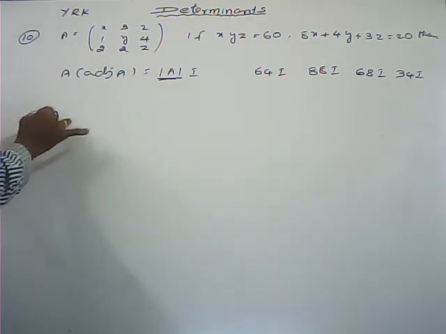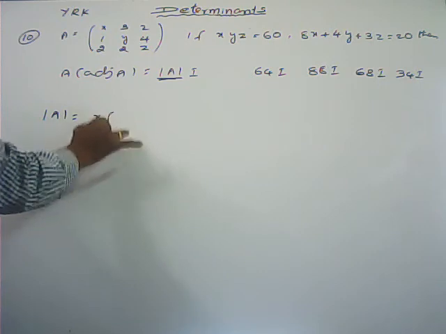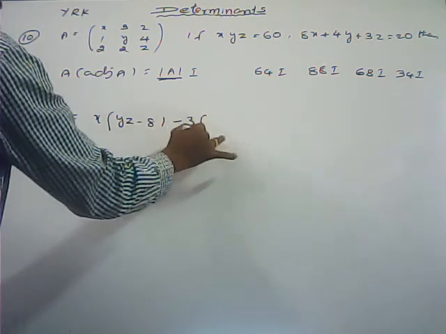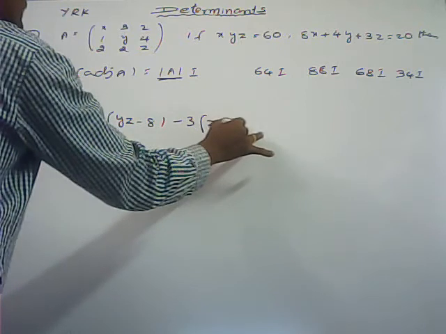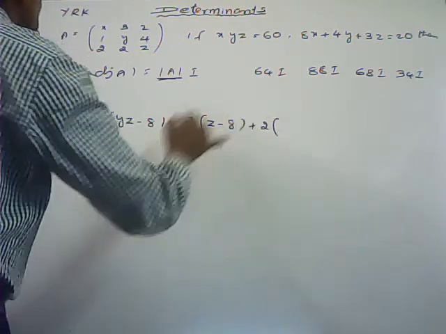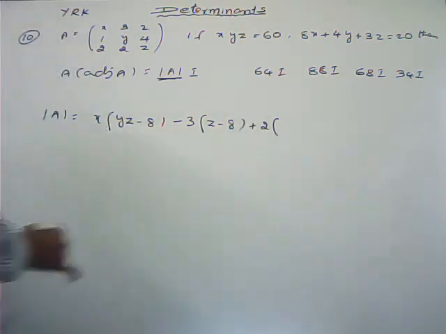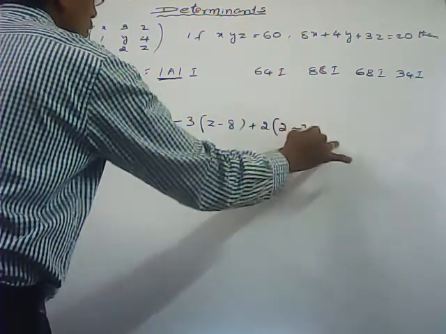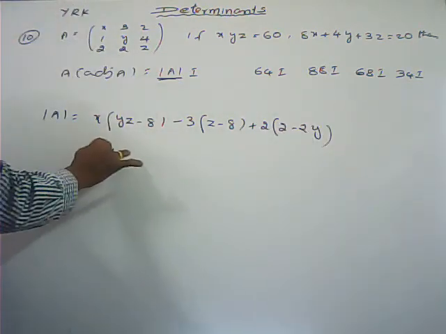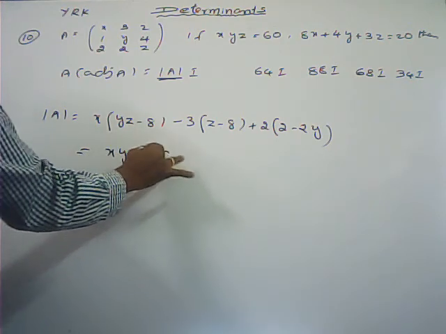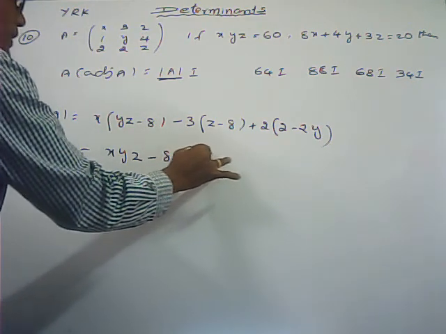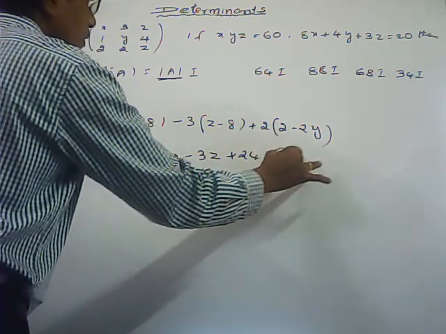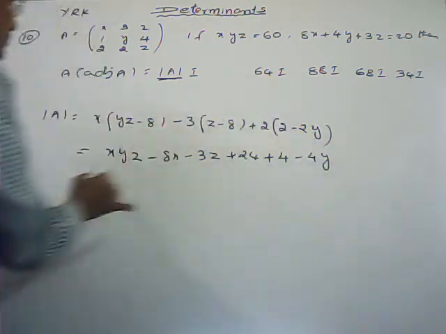Det A is equals to x into (yz minus 8) minus 3 into (z minus 8) plus 2 into (2 minus 2y). That is equals to xyz minus 8x minus 3z plus 24 plus 4 minus 4y.